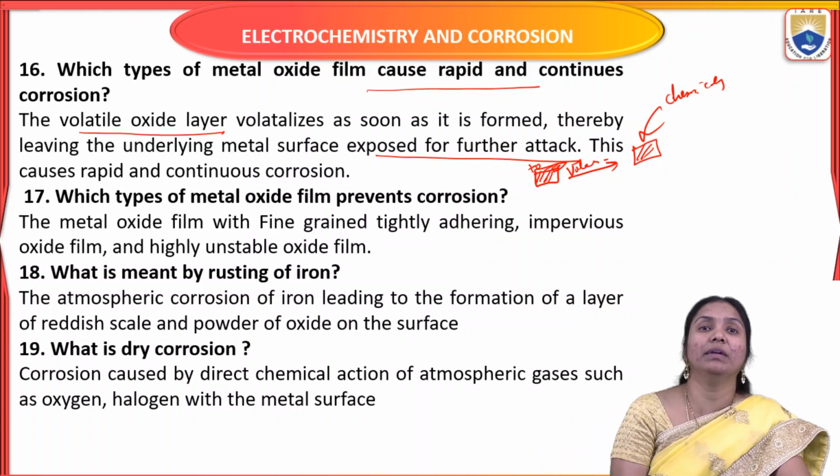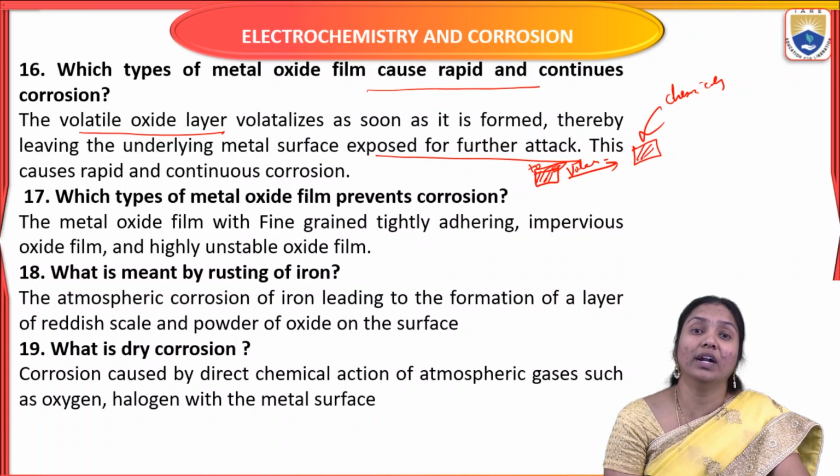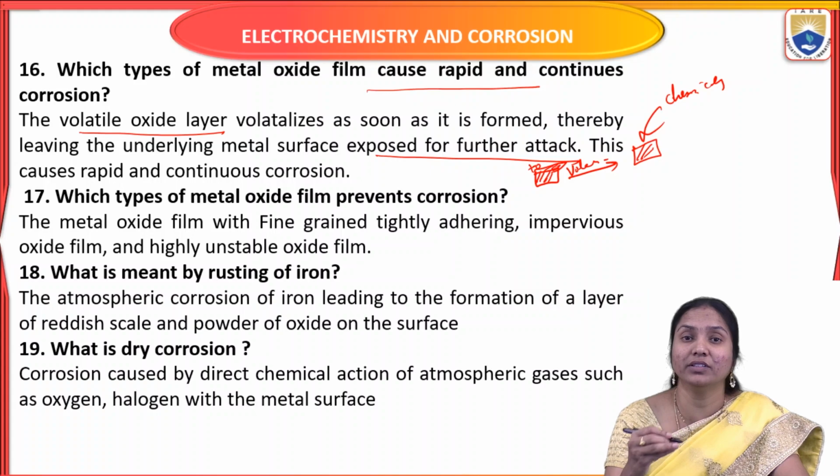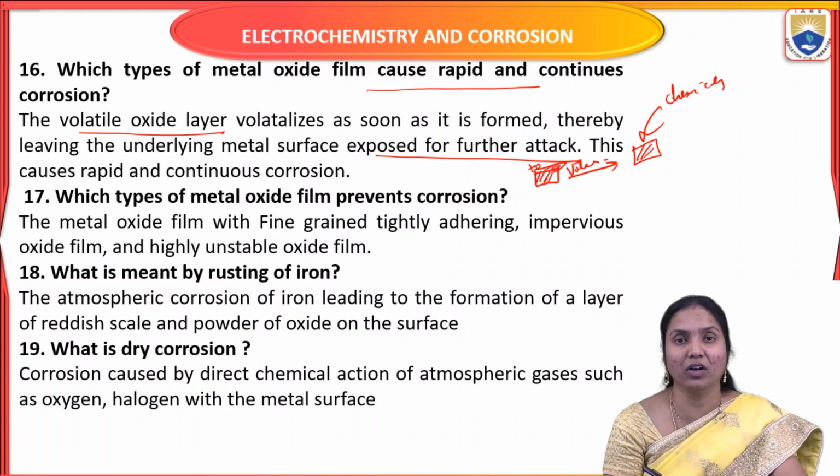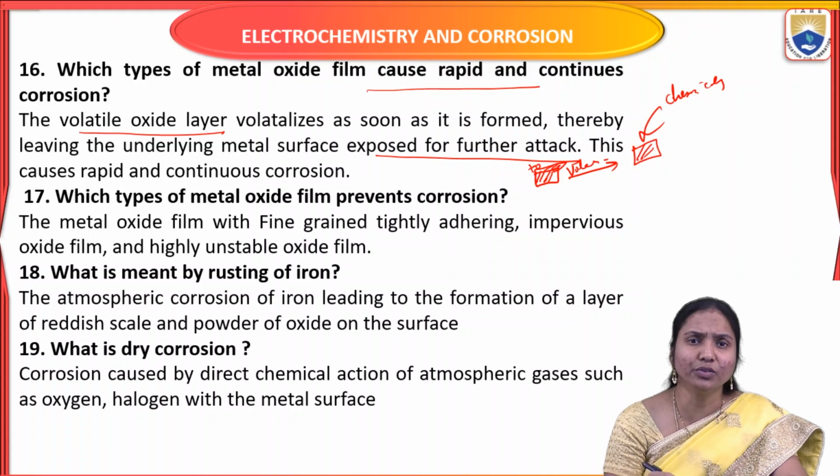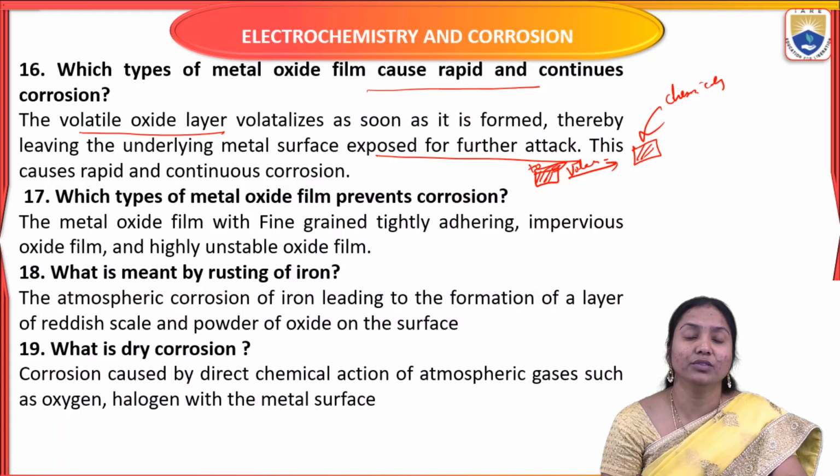So the volatile metal oxide layer volatilizes as soon as it is formed, when the metal interacts with atmospheric oxygen. Thereby the underlying metal surface is exposed for further attack. So this causes rapid and continuous corrosion.